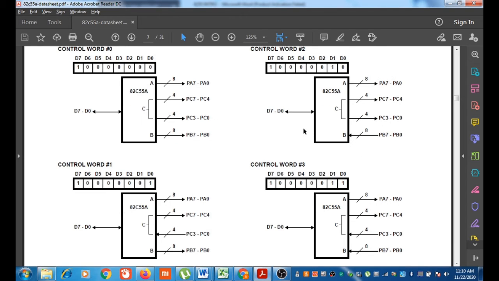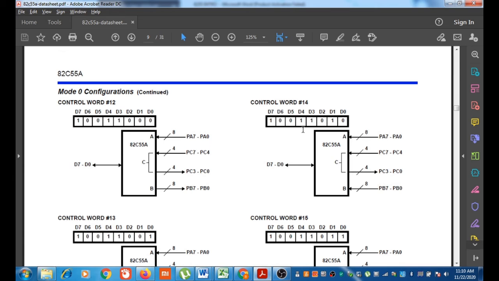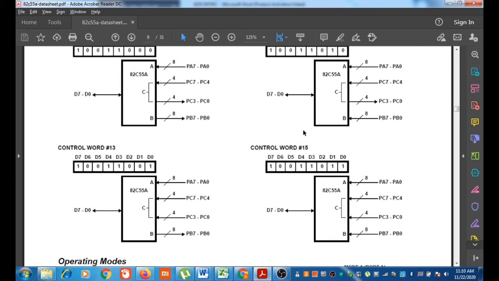Control word 0 to control word 15. You are getting 16 combinations.